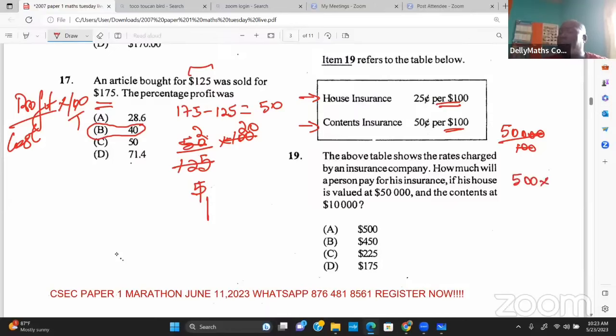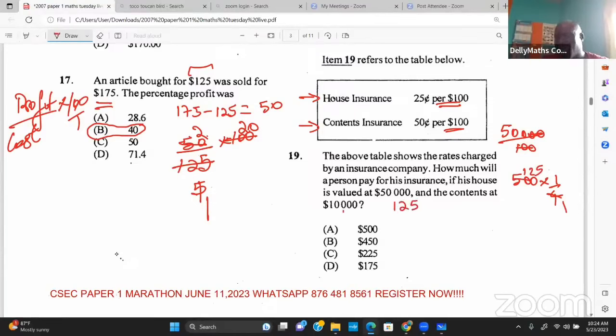But 25 cents is actually a quarter of a dollar. So I'm able to work out my dollar value now by simply dividing this by 4. 500 divided by 4, you get about 125. So for the house part, it's going to be $125.